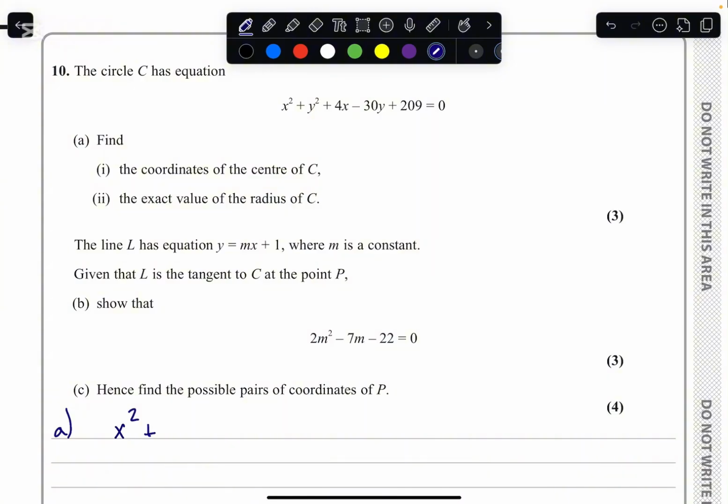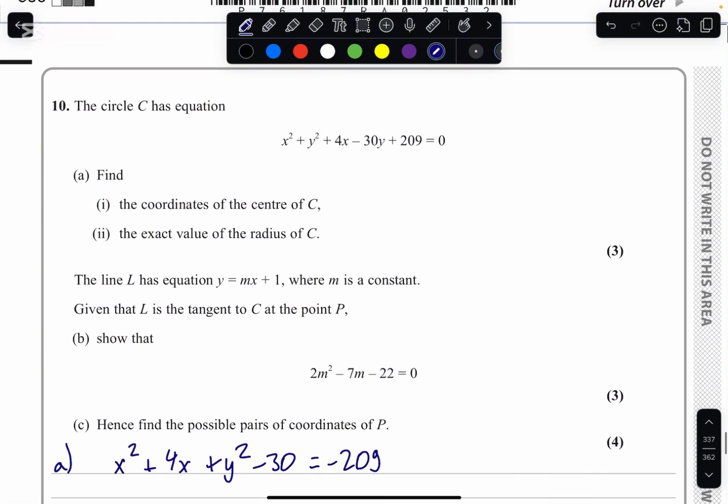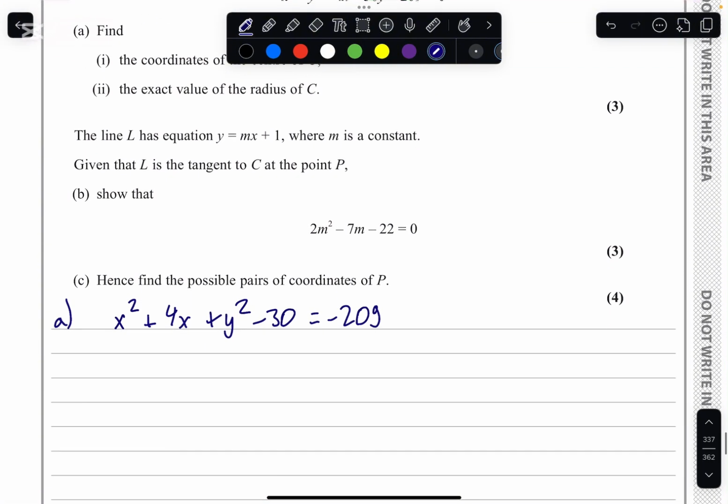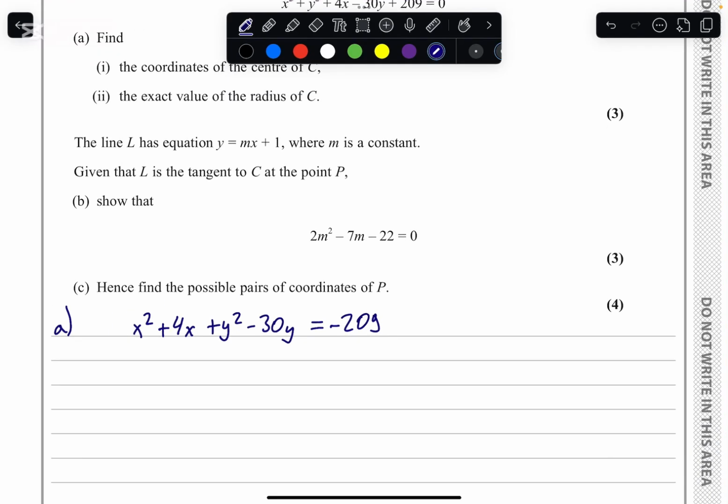x squared plus 4x is one thing that will be completing the square. Another is y squared minus 30y. And we can just go ahead and put the minus 209 on the other side because it's annoying us. So how do we complete the square? We put x and take the sign in front of the x to the power of 1 constant.